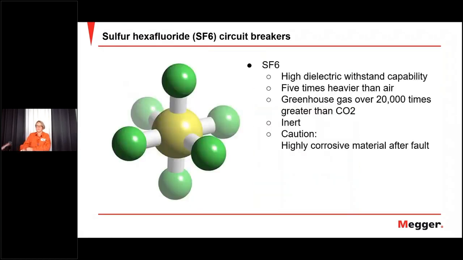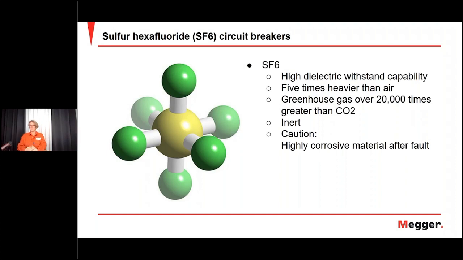The SF6, yeah, it's an inert gas, so it's really stable. They're using this gas just because of that. But there are some problems with it. It's a heavy gas, that could be good to know, and it mixes with air very fast. But it is a greenhouse gas, and it's a really bad one for the environment.